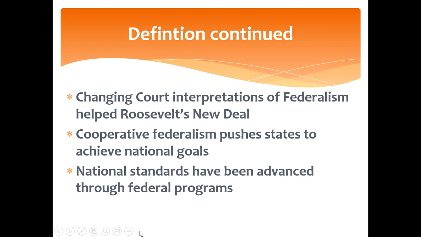With a categorical grant, there are 3 strings attached. The first string, we can only use the money for what the federal government says, so they get to dictate the use. Second string, we have to put in some type of matching funds.